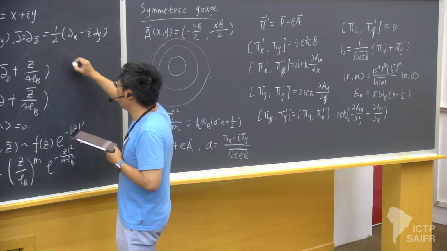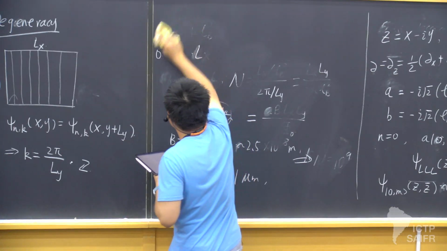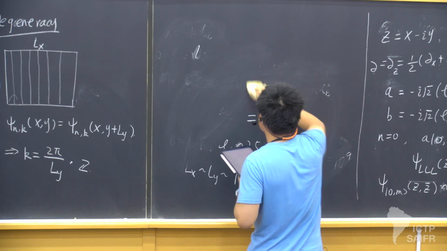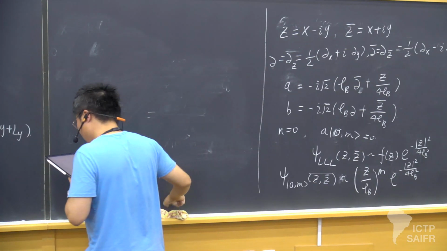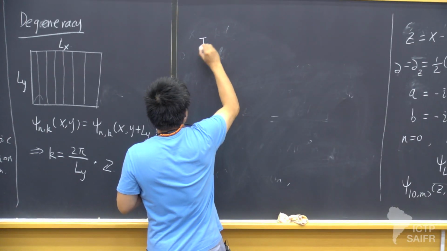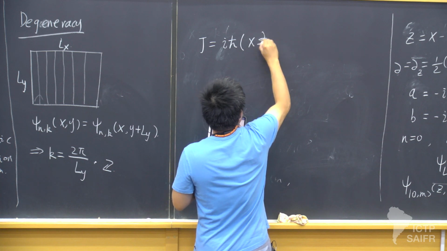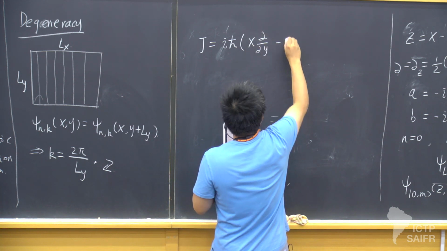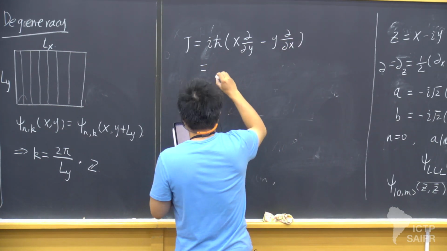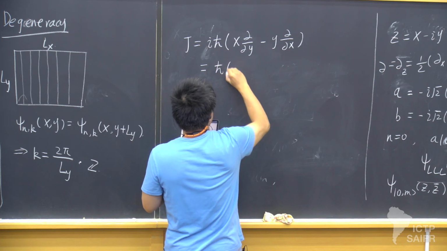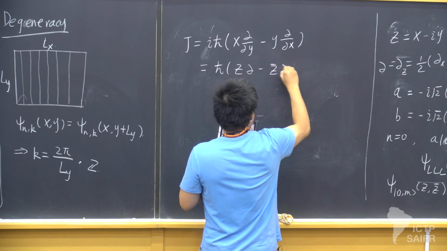Let me write it here. You can define an angular momentum operator that is i times h bar x cross grad, that's my angular momentum operator, and you can rewrite it using the z and z bar I introduced. So it will have this form.